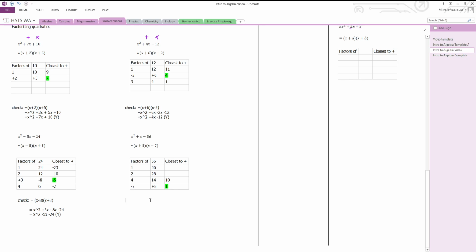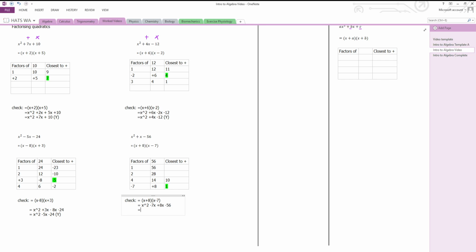Now let's check that that's correct. So we have x plus 8, x take 7, and we want to check that that gets to x squared plus x minus 56. So x squared take 7x plus 8x take 56.